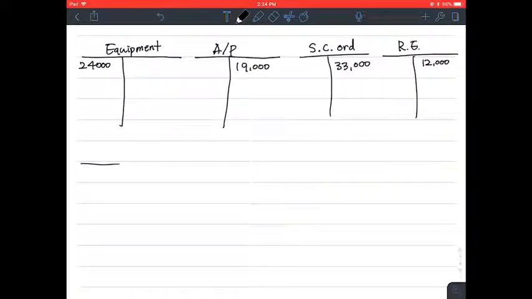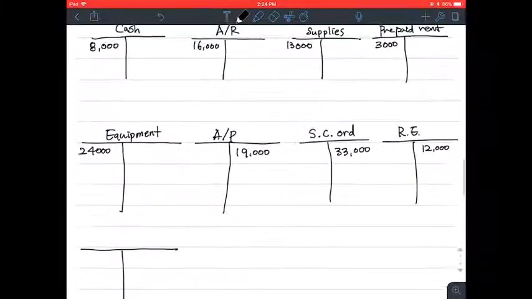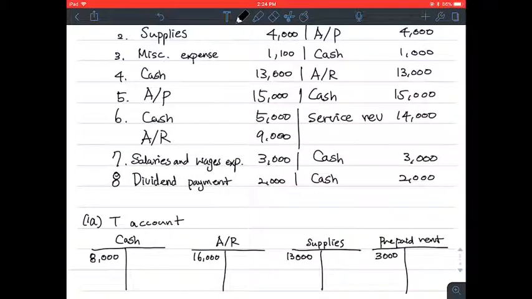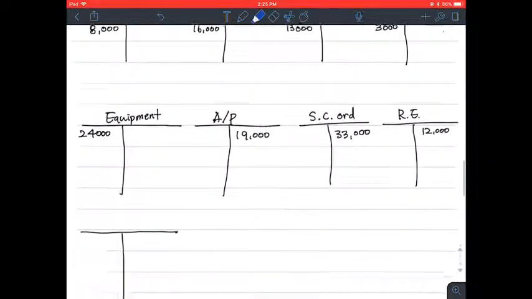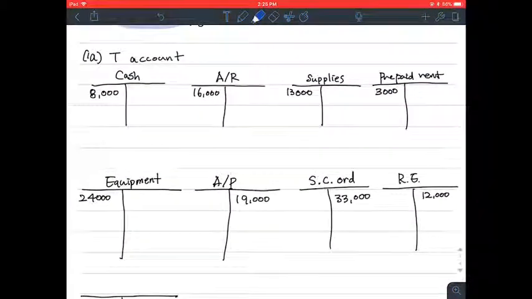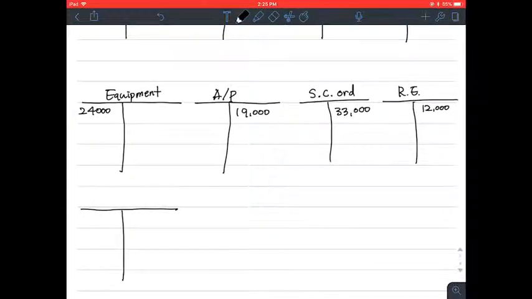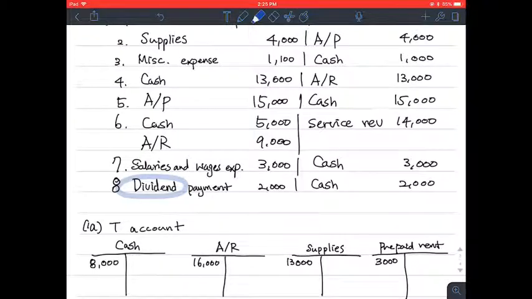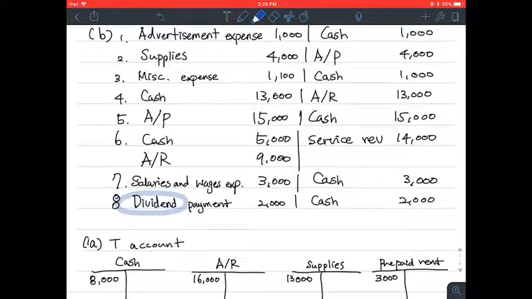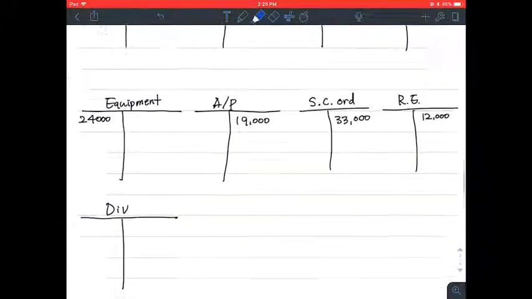And you also have to write down all other items that were incurred during the year, such as dividend payments. Dividend payments were not on the trial balance, right? But you have to write it down on your T account. What else was there? After one fiscal year, you have accumulated some service revenue, right? You have to write the service revenue.